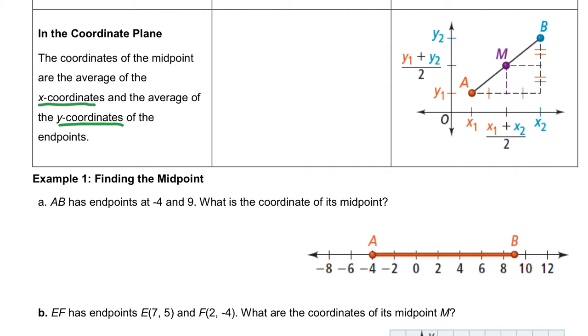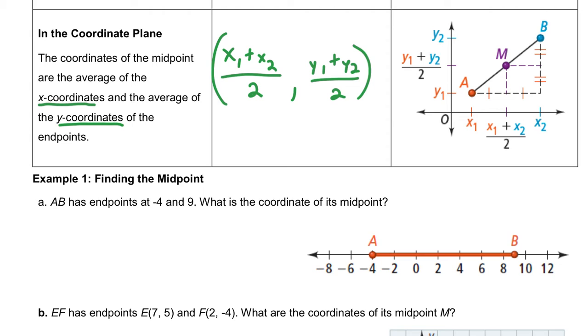So you're finding two averages. So the midpoint for this set of points, A and B, is going to be the average of the x values, and I'm going to use x1 and x2 divided by 2, and then the average of y1 and y2, the average of the y values.